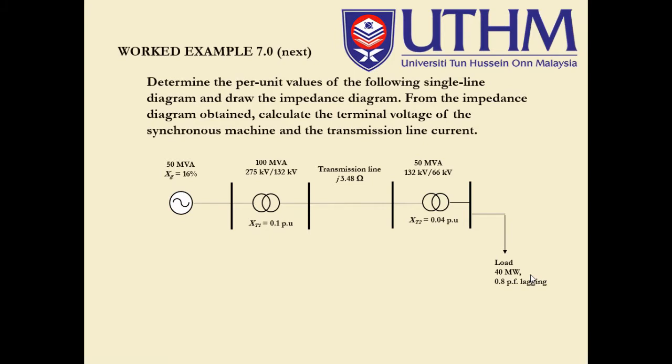This is a single line diagram, and the question asks you to determine the per unit values of the following single line diagram and draw the impedance diagram. Next, from the impedance diagram obtained, calculate the terminal voltage of the synchronous machine, and then the transmission line current, the IL actual.